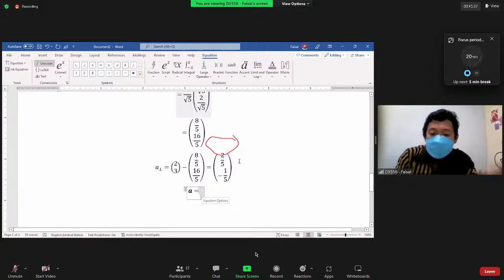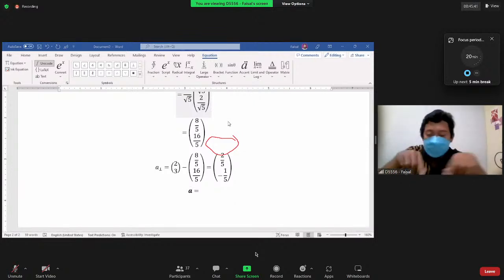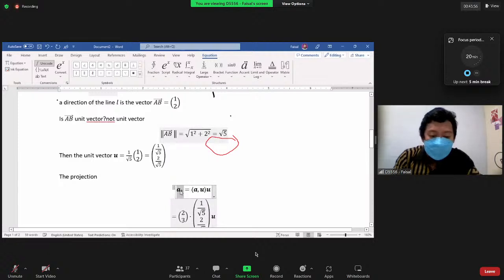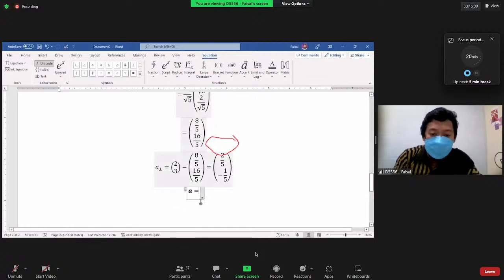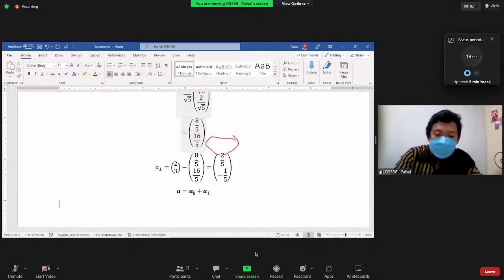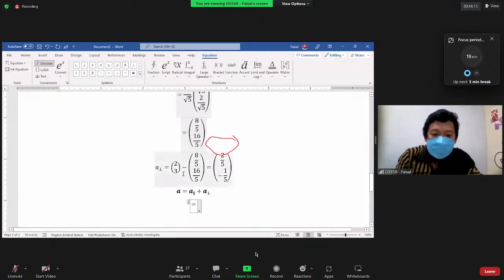You can get the relation using the picture, or by the rule of vector addition. A is the projection plus the rejection.